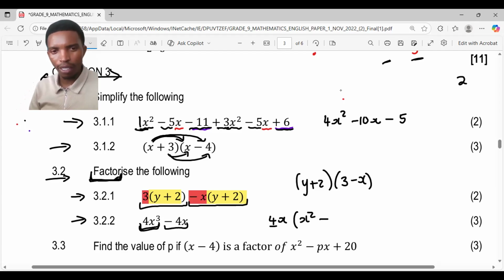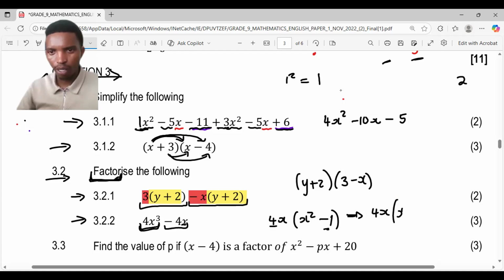And inside of x, how many x's do we have? 1. Our answer is that, right? But now, can we write this one as 1 squared? 1 squared is equal to how much? 1, correct? So we can write it as x squared minus 1 squared.